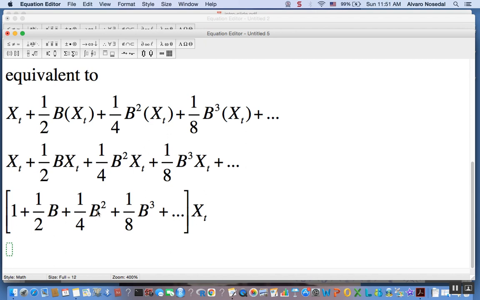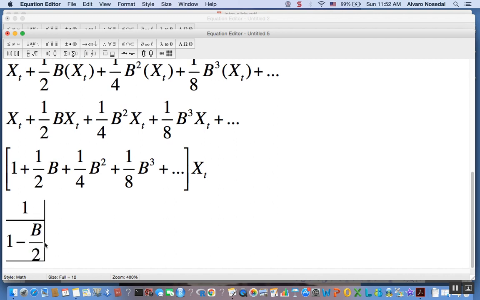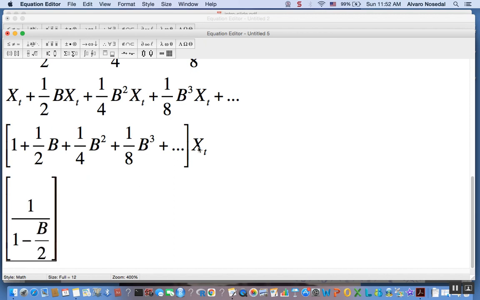So let's write it down like that. This inside these square brackets would be the same as 1 divided by 1 minus v divided by 2 in this case, times xt. Great.